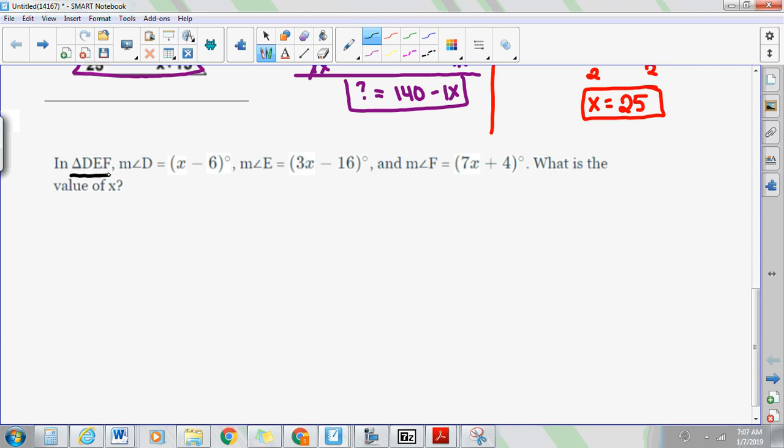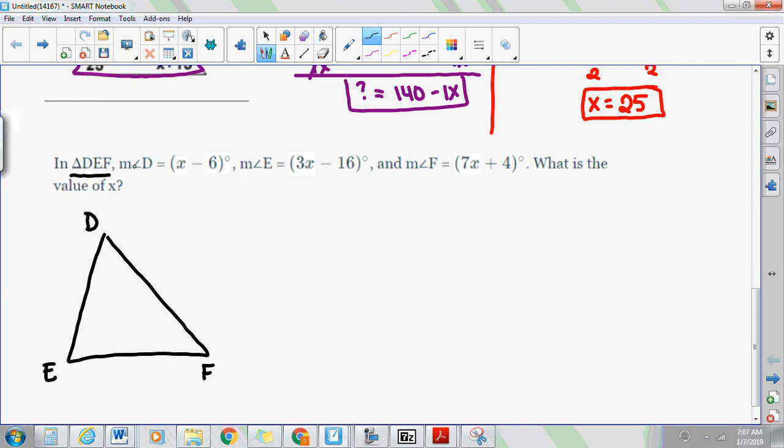It says in triangle DEF. So that means we need to draw a triangle, and the corners need to be called DEF. It doesn't really matter where D, E, and F go because it didn't draw the picture for you. So as long as you put them on the corners, you're going to be okay.